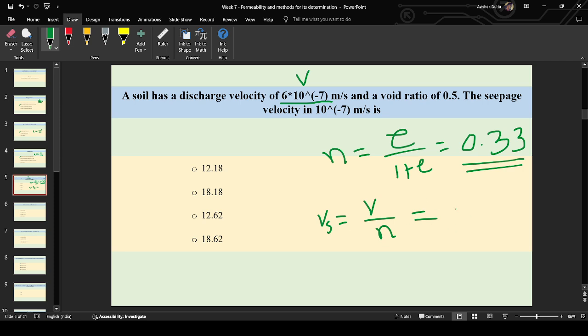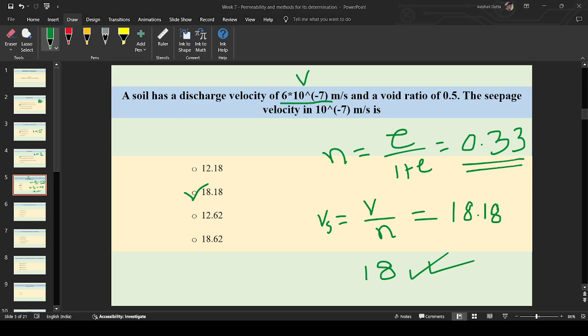Solving this gives 18.18, but if you get 18, that is also right, so go by option B. The concept: porosity equals void ratio divided by 1 plus void ratio, and seepage velocity equals discharge velocity divided by porosity, in 10 to the power minus 7 meter per second as given.